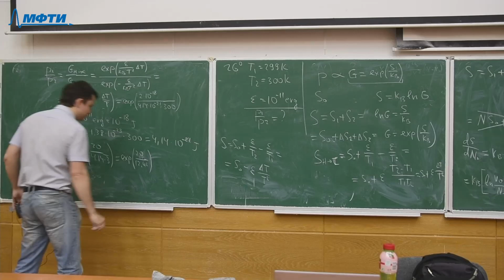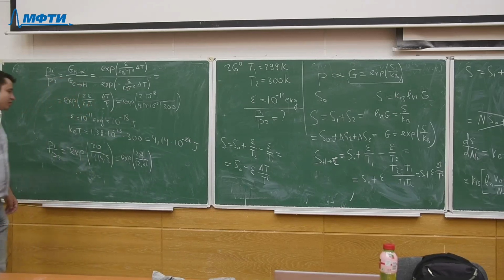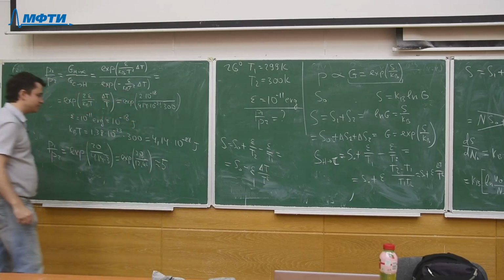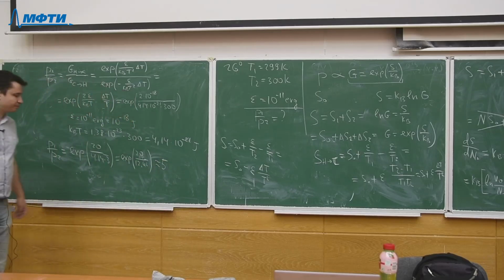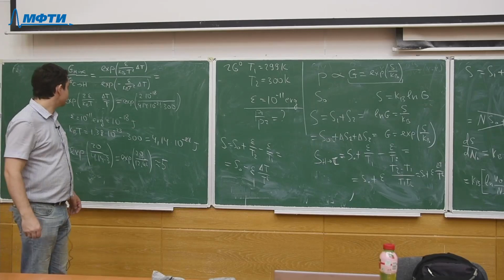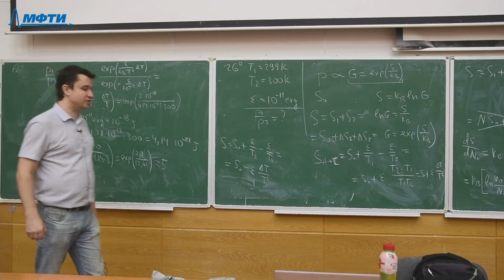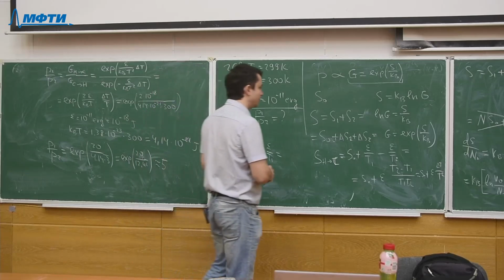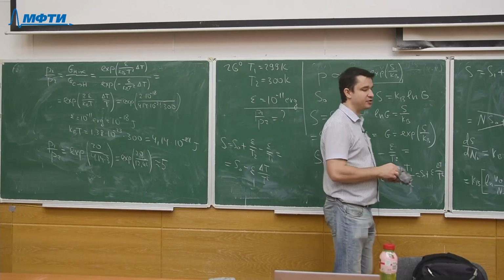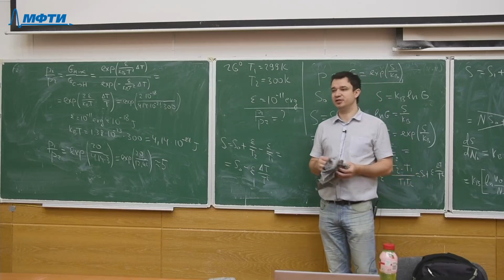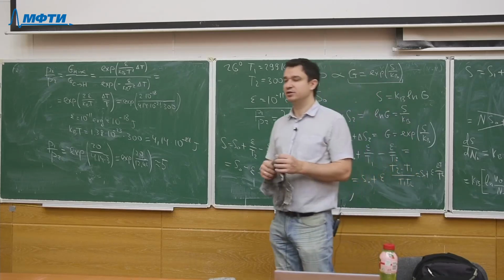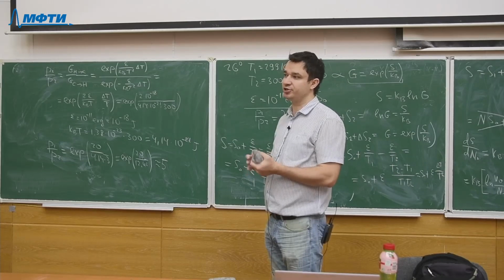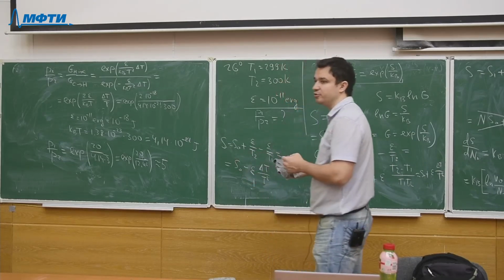Well, if you calculate this, that would be approximately 5, as much as I remember. That would be approximately 5, and that's the answer to this question. So the probability of the natural process of heat transfer from the hot body to the cold body is 5 times larger than the probability of the unnatural process of heat transfer from the cold body to a hot body.